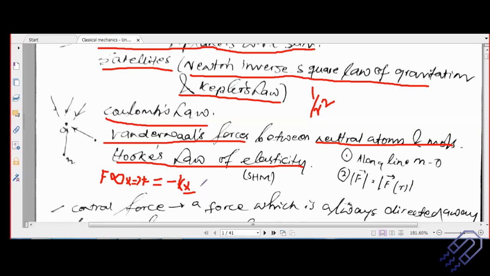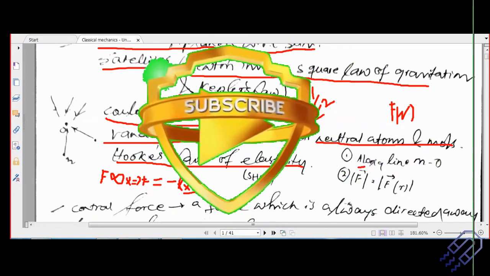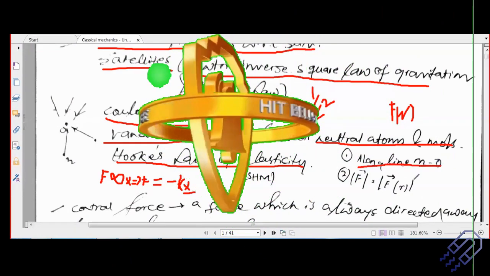This is also central force, but it is not mandatory that it should be inversely proportional to r square or directly proportional to r or x. Not really. It only depends on the distance. This basically says that F should be a function of distance. That is more important. This is where we talk about the central force, and we consider it along the line m equal to 0.